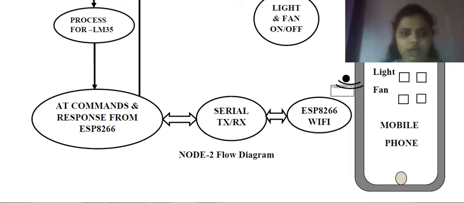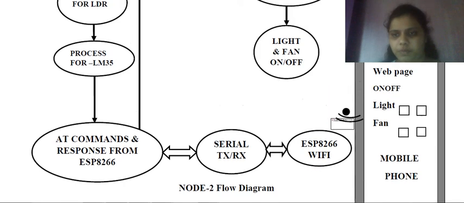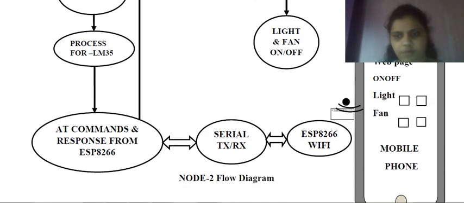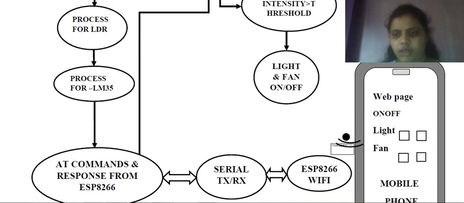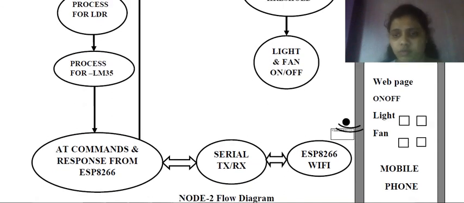And again in the automation section we have introduced the Wi-Fi module ESP8266. We have used this module to control the appliances remotely. For that purpose we have designed a web page that can be operated using our mobile phone.